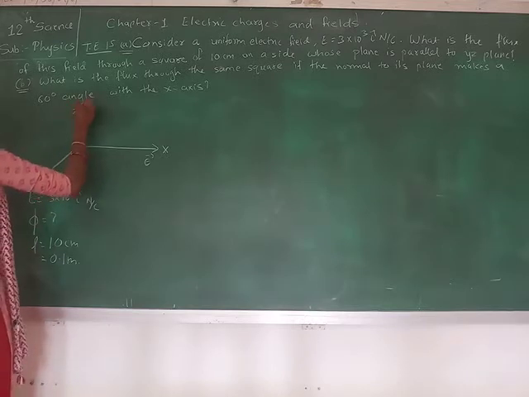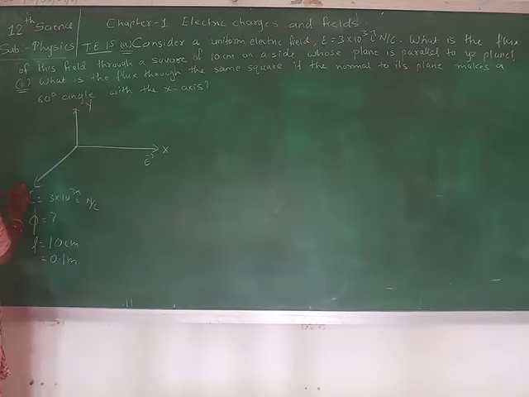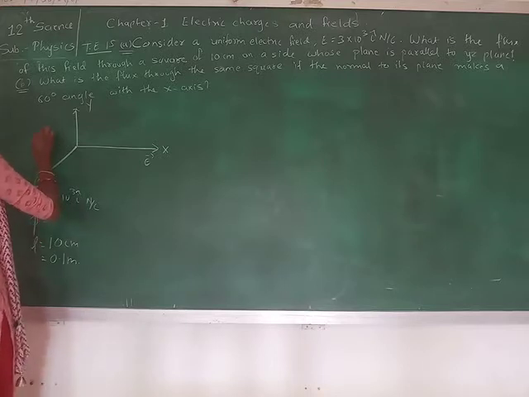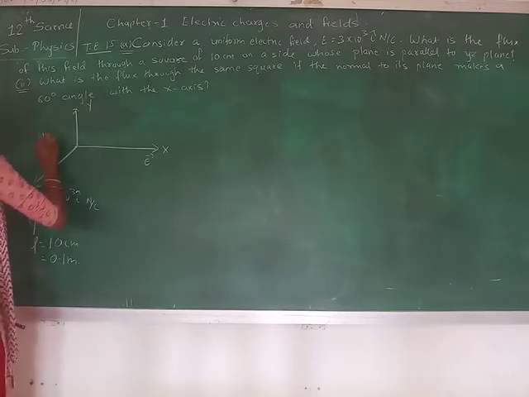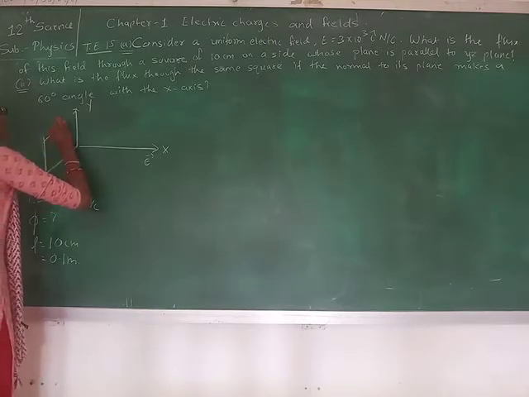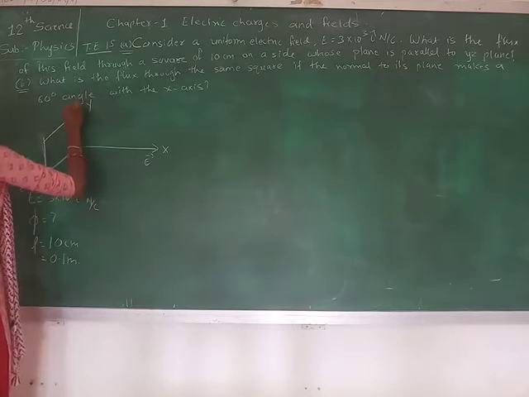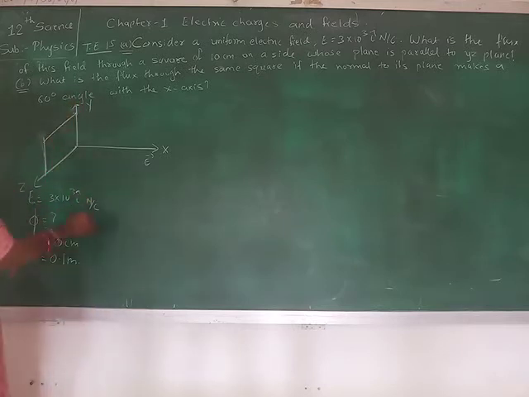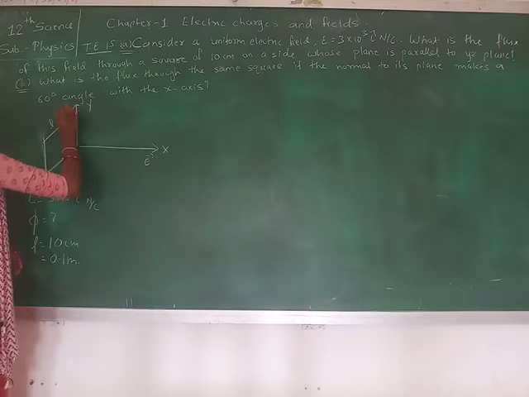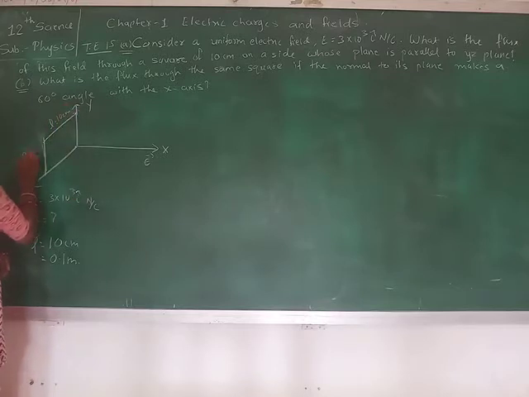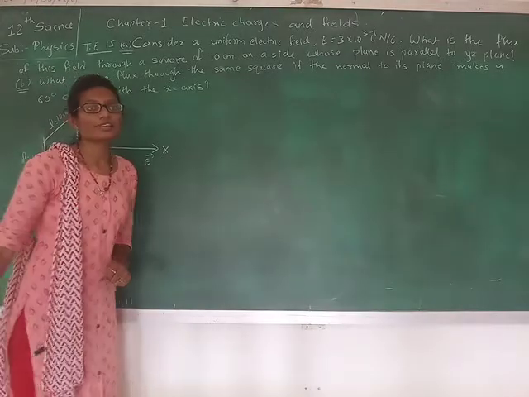So let us consider this as the y-axis, this as the z-axis, and the square is on this YZ plane. The square is along the YZ plane and its side is 10 cm. We need to find the flux here.